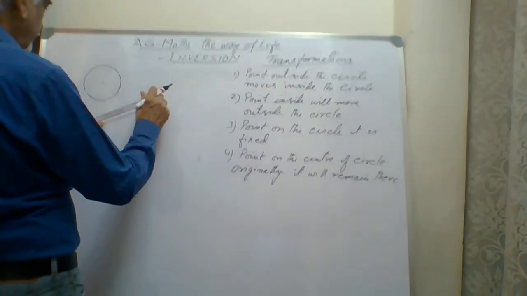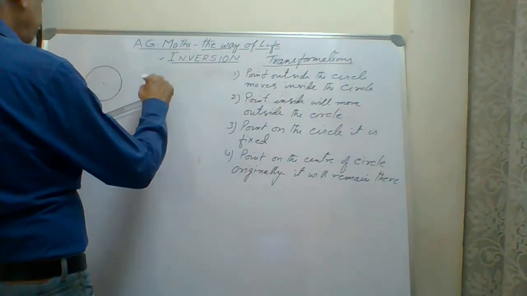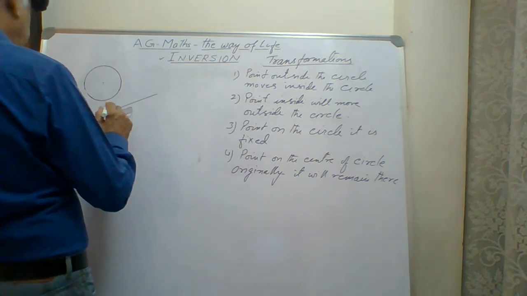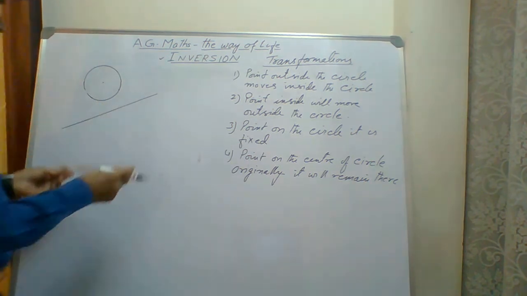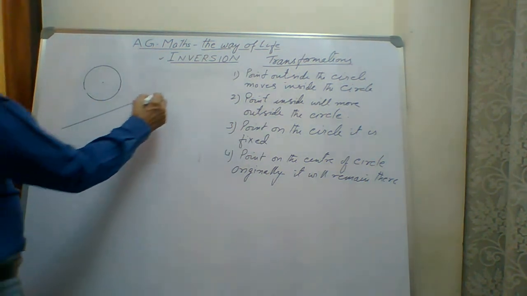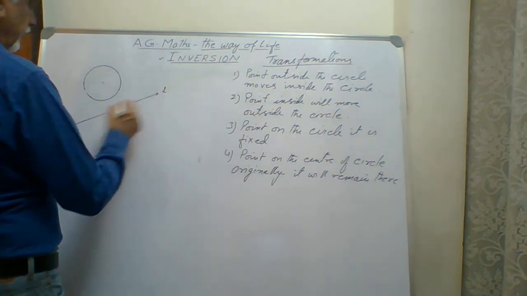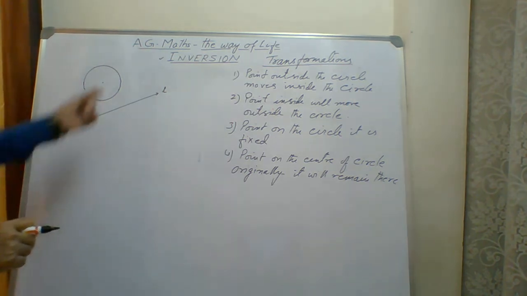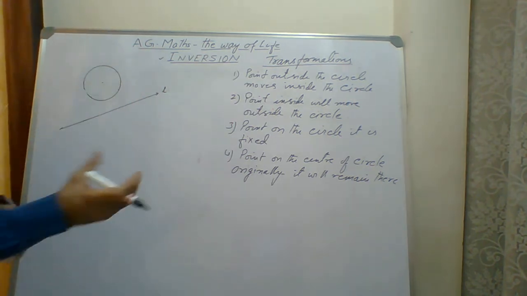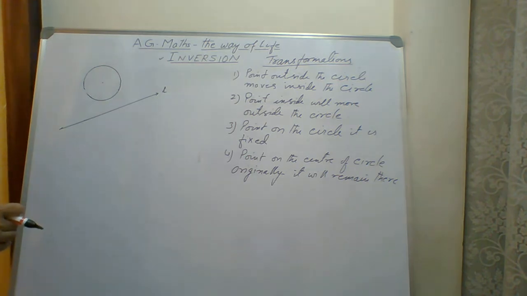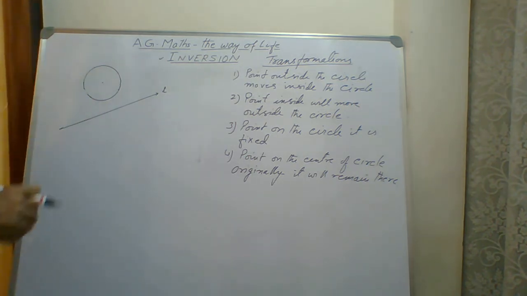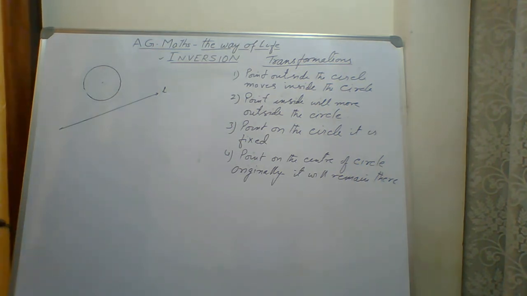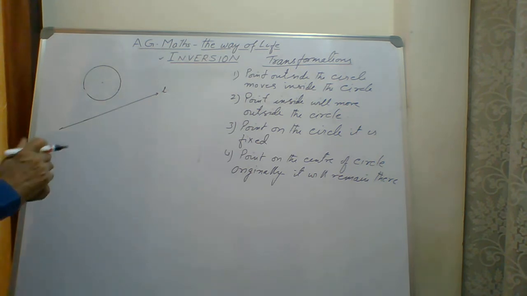Earlier I had points outside the circle and we saw how they reached inside the circle. Now I am examining the points which are already inside the circle and how they will go out.